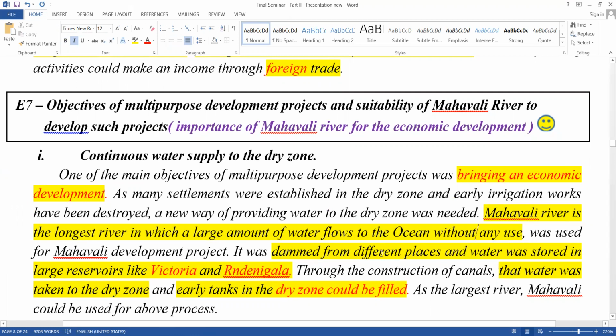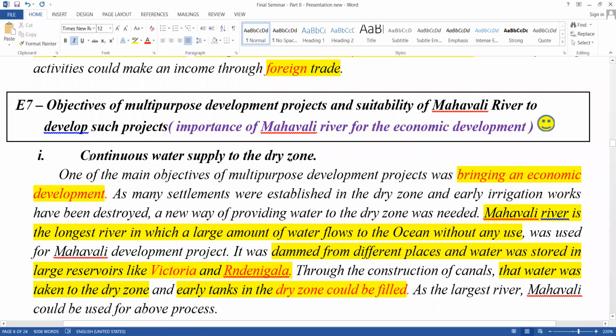It was dammed at different places and water was stored in large reservoirs like Victoria and Randenigala, and through the construction of canals that water was taken to the dry zone and the early tanks in the dry zone could be filled. So even if the question is given as the importance of the Mahaweli River for economic development, this is the answer. Even Galoya, no problem, you can take this one, but about Galoya, much information is not given in the text.